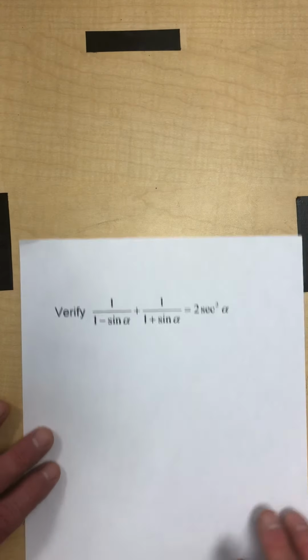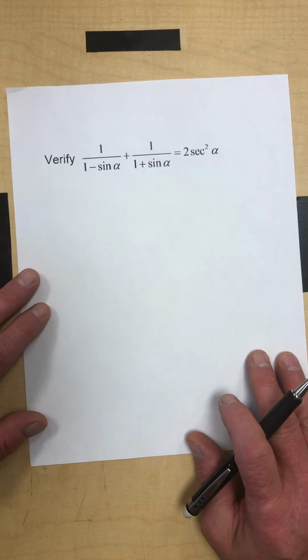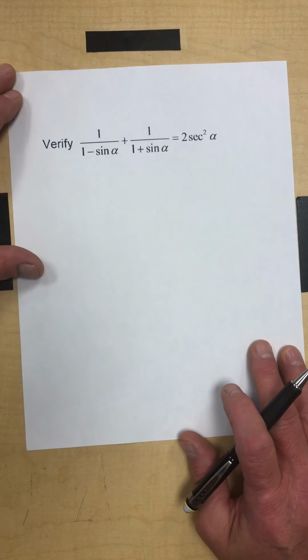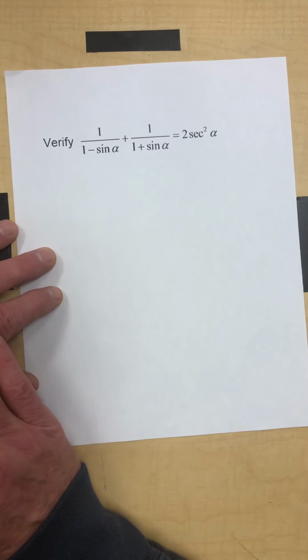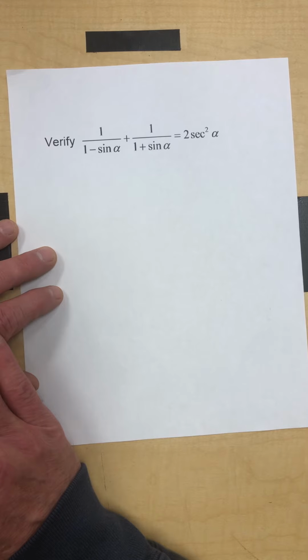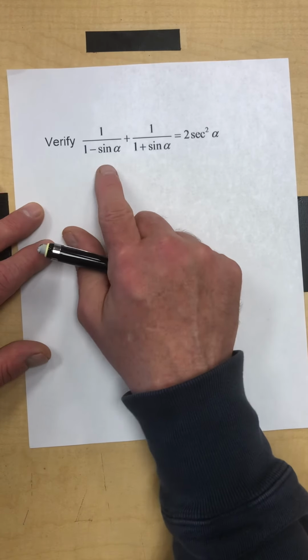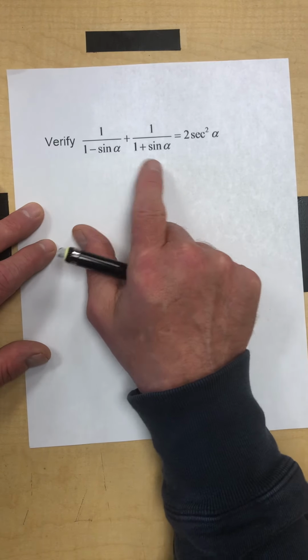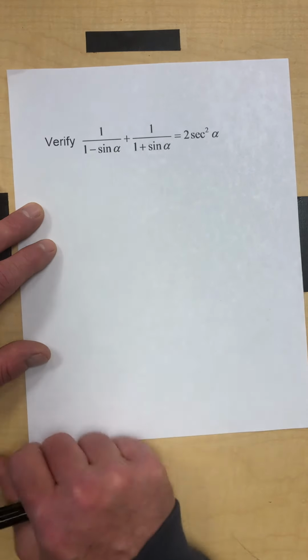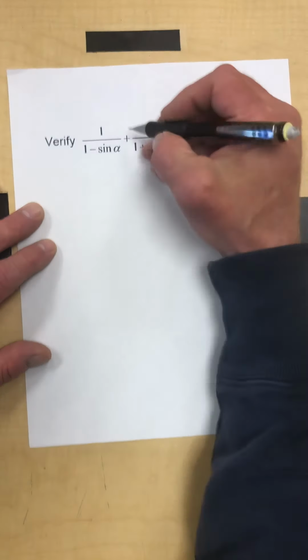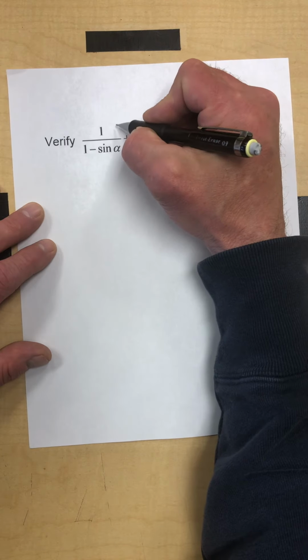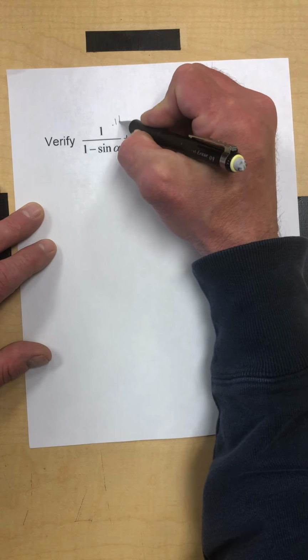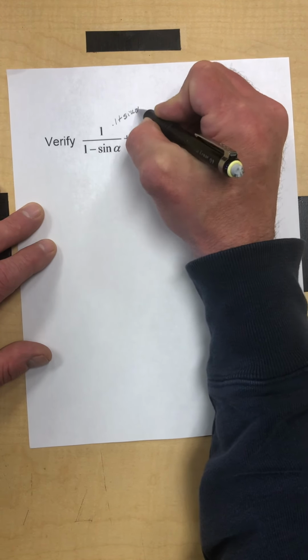Last problem of the week. Something tells me this guy's going to be very similar to the last one we did. Okay, so it looks like my common denominator here, I would get that by multiplying these two denominators together. So over here, above and below, I would have to multiply by 1 plus sine of alpha.